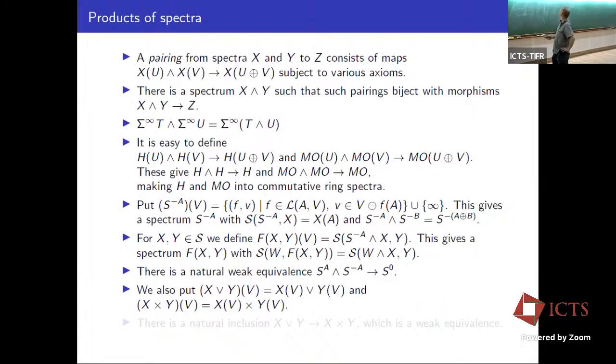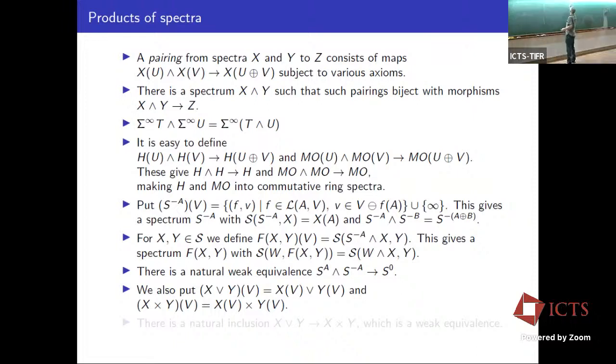And then there are also these constructions of the wedge product and the Cartesian product. These we can just do level-wise, right? So X wedge Y at V is X(V) wedge Y(V), X smash Y at V is X(V) cross Y(V). But there's a warning here.